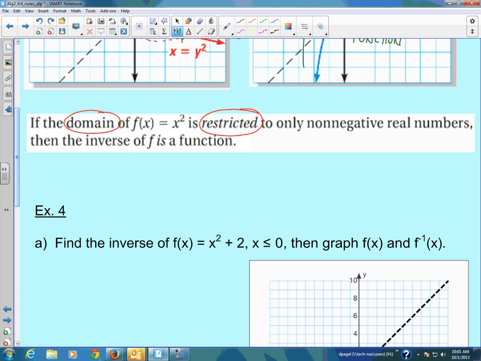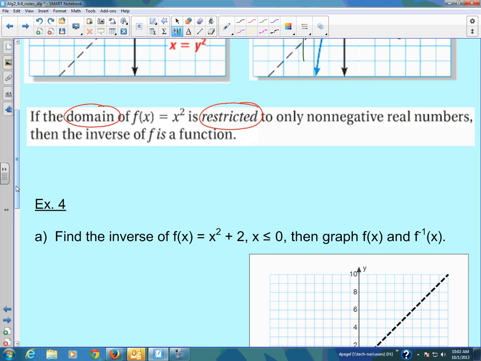If you're specifically talking about a parabola, if I looked at just half of the parabola, I would be able to turn that graph over with my switching x and y's and have a vertical line test work on that graph. So when we restrict domains, we cut the graph in half essentially, and we decide: do I want to look at the left side of the graph or the right side of the graph? So those are called domain restrictions.